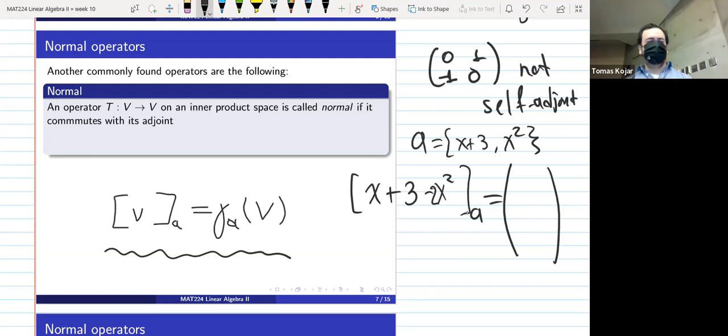Right? It's a subspace. Anyways, yeah, let me just look at it as a subspace. Yeah, so this would be 1 minus 2.